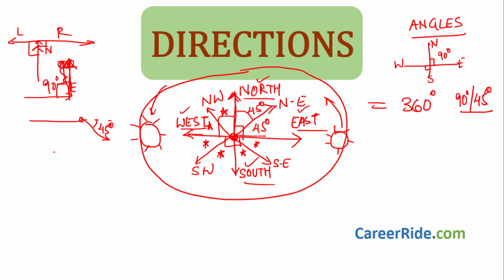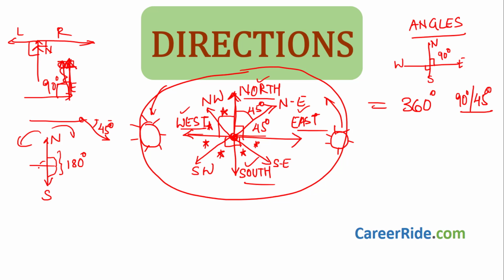Let us take another example. Say I am walking towards north, and I make a turn of 180 degrees from right. So I will travel 90 degrees first, then again 90 degrees. So this will be 180 degrees and now I will be facing south. Now if I take a 180 degree turn from right or from left, the result will be the same because I will be facing south only.